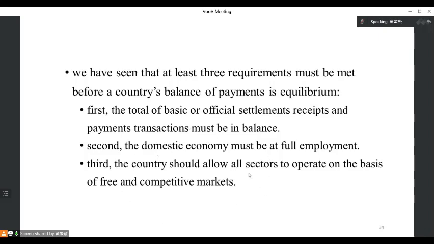From this page, we should understand if we want to change disequilibrium to equilibrium, the country has 2 methods to solve this problem, but 3 requirements must be met.